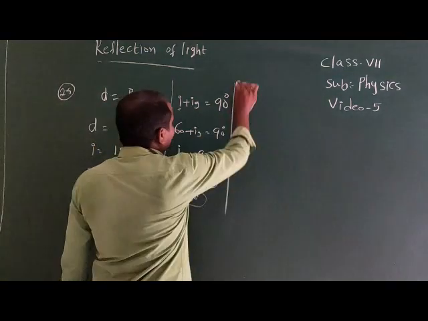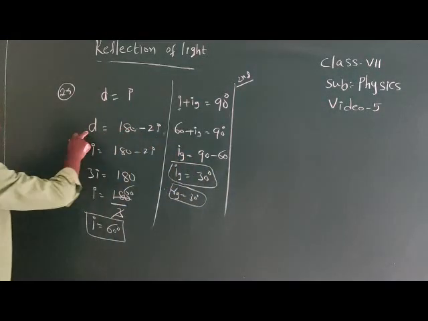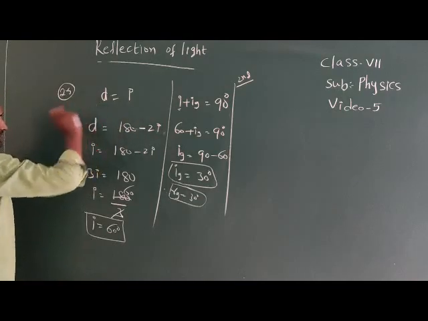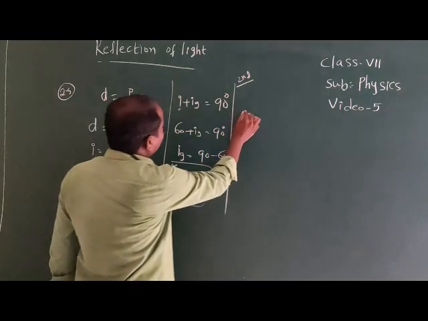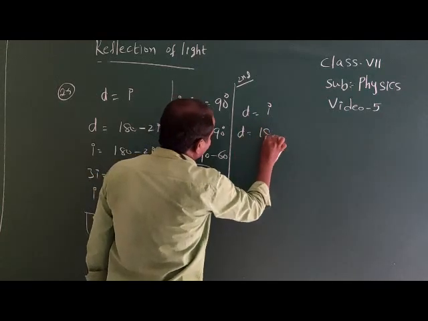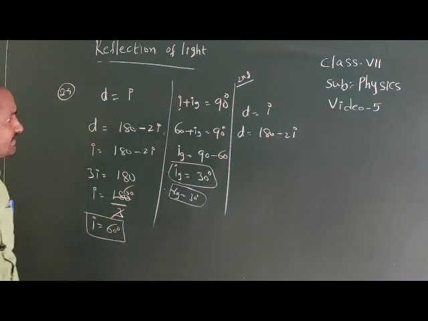The second method, this is the second method. D equals i, substitute in the place of D. Now in the place of i we can write D. So D equals 180 minus 2i, and now I am going to write in the place of i the D value.